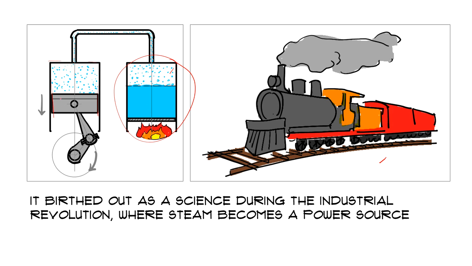This piston is a mechanism that converts the translational motion, or the linear motion, because the piston only moves up and down in this cylinder, and it converts this motion into a rotational one.